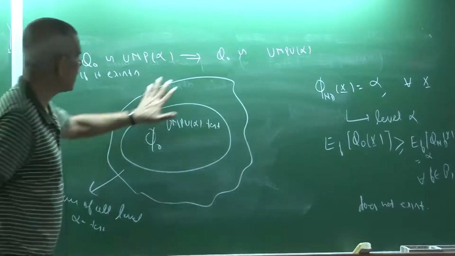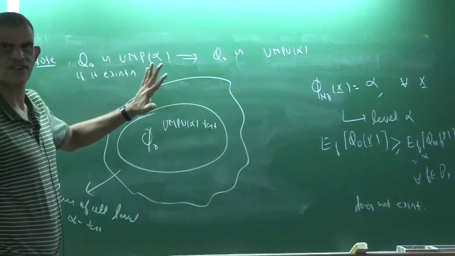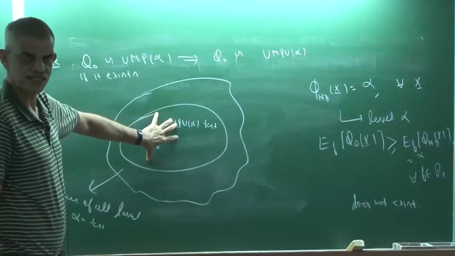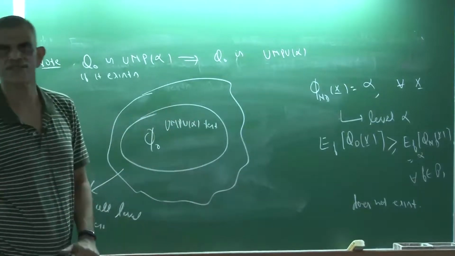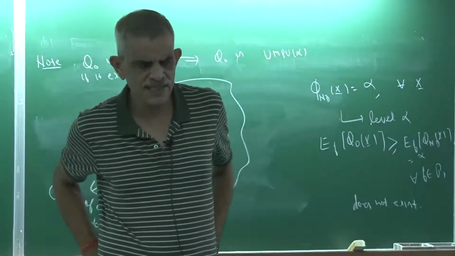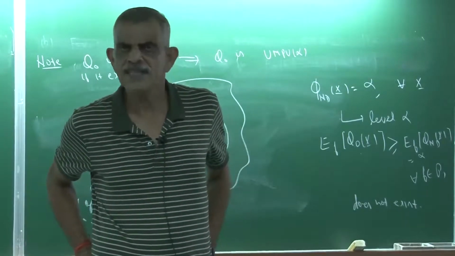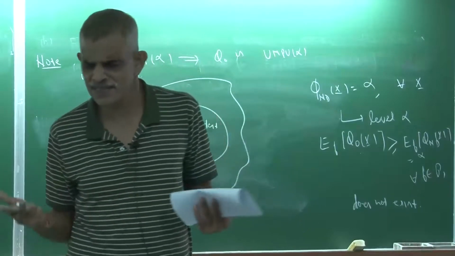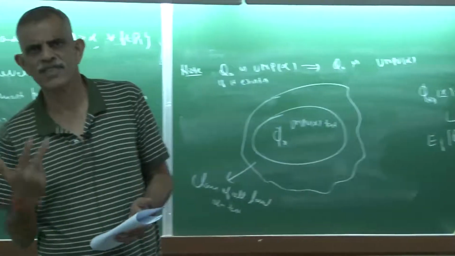And this phi naught was best among all classes of tests, so it would be the best among this restricted class also. So this suggests that if a UMP alpha test exists, then it would be UMPU alpha. So finding a UMPU alpha test makes sense only when a UMP alpha test does not exist.